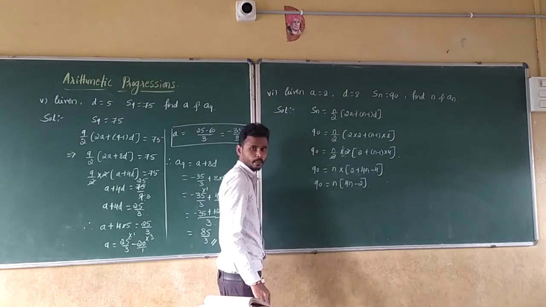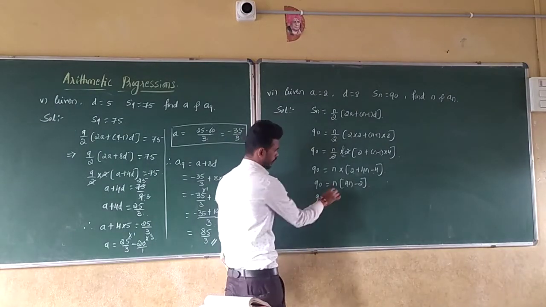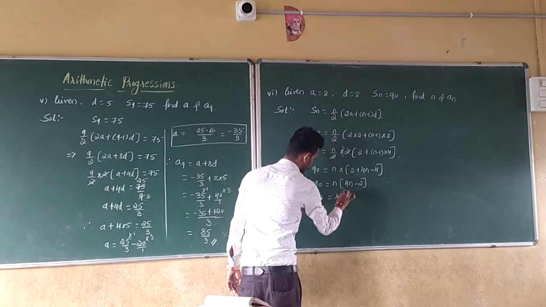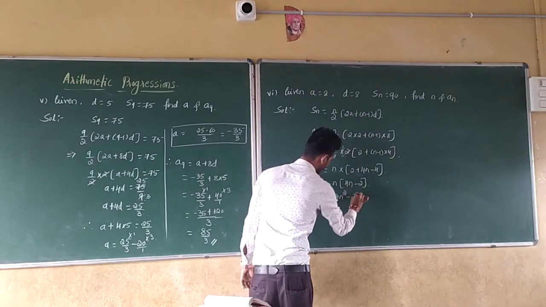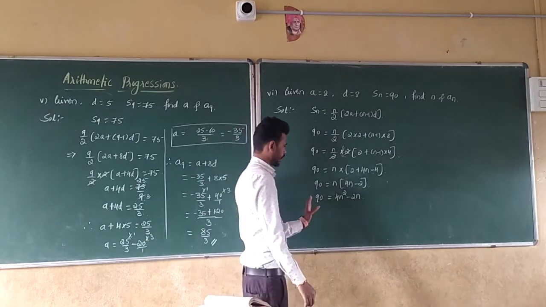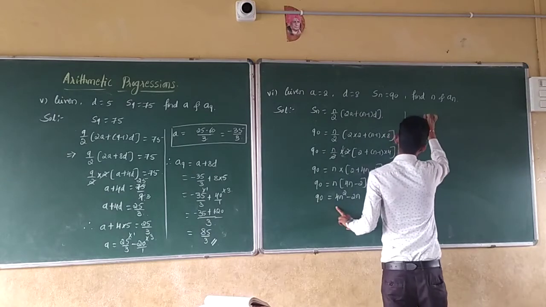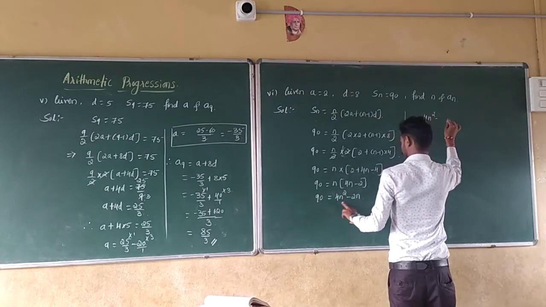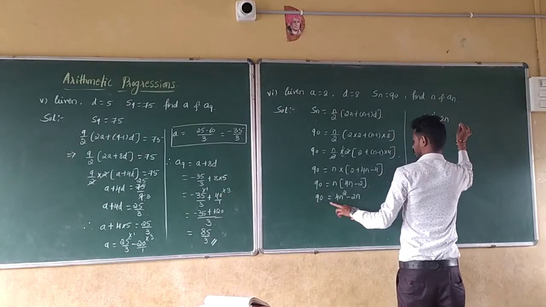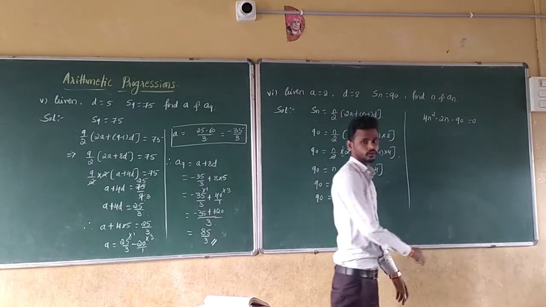Minus 2. So therefore 90 equals, multiplying this now, 4n square minus 2n. Now take 90 to the RHS. What do you get? 4n square minus 2n minus 90 equals 0.